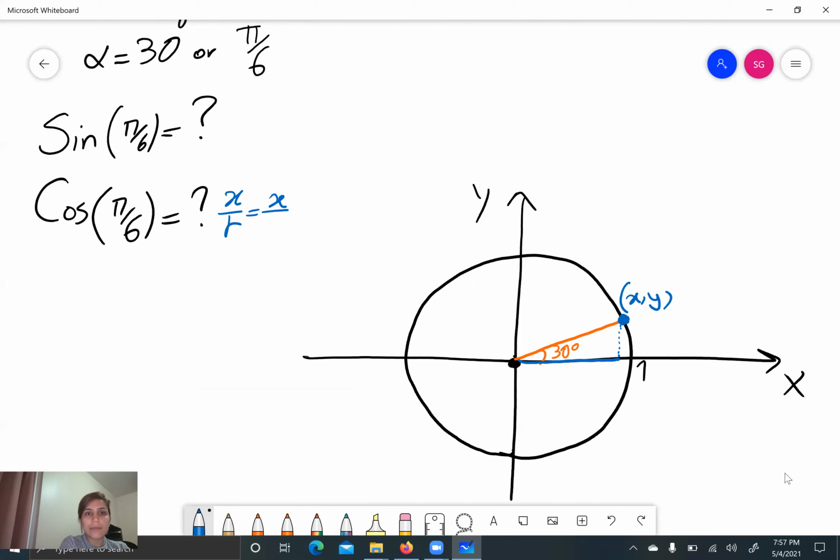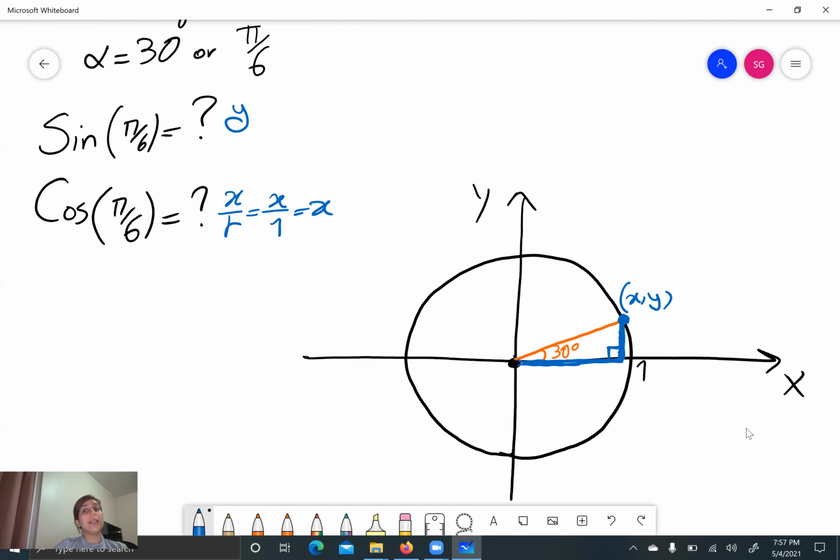The radius in this case is 1, so it's x. So the x value is the cosine. And the y value is going to give me the sine. Again, I'm going to draw this right triangle. So if I just have the x and y, I'm done. X is the cosine, y is the sine.